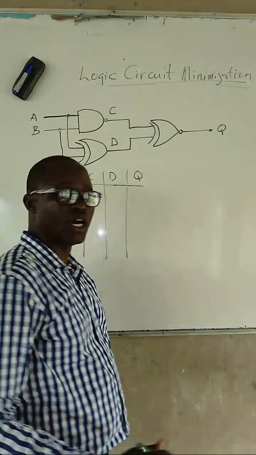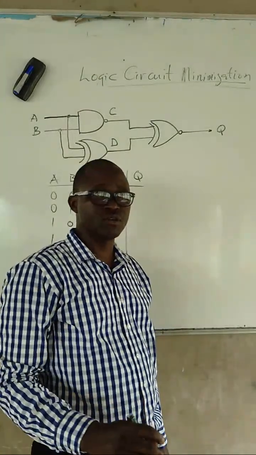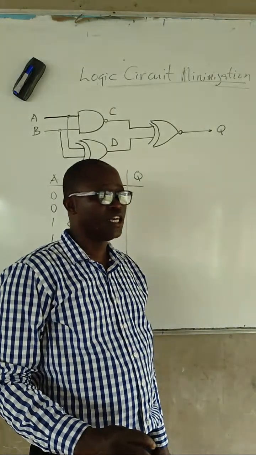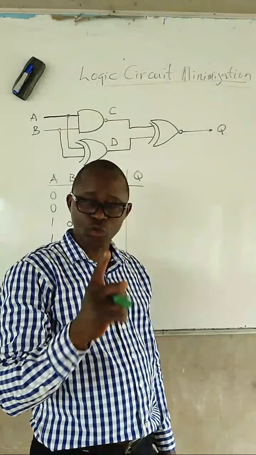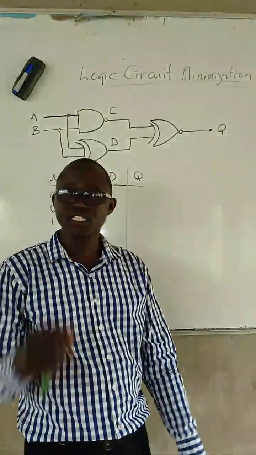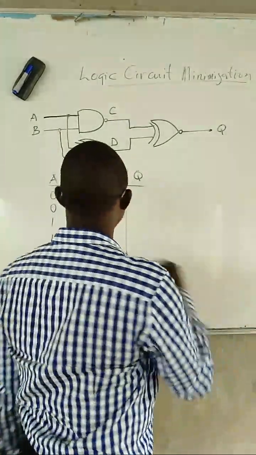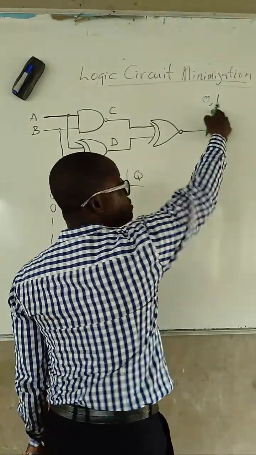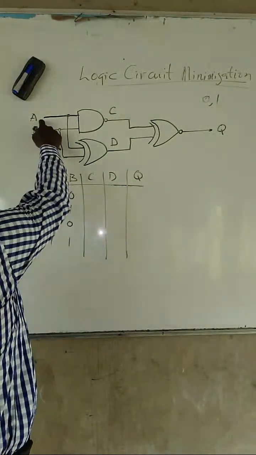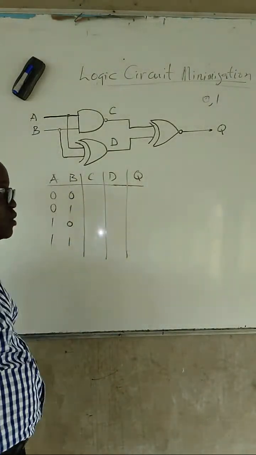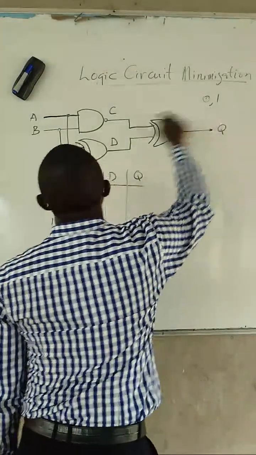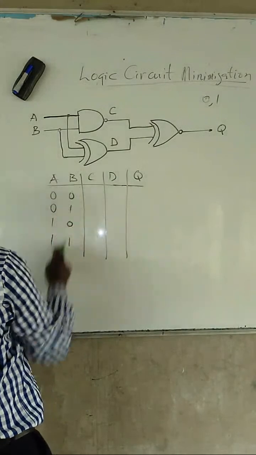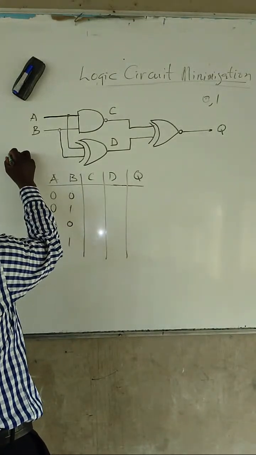We have two possible values for each of the inputs, that is either 0 or 1. Don't forget, we are dealing with digital electronics, and we usually talk about 0 and 1. So we have two possible outcomes for each of A and B, which means 2 raised to power 2 gives us 4. That's why we have 4 rows here.